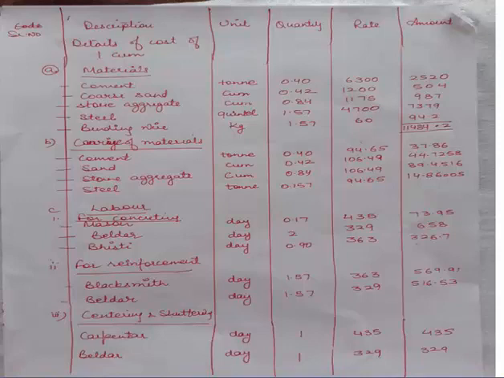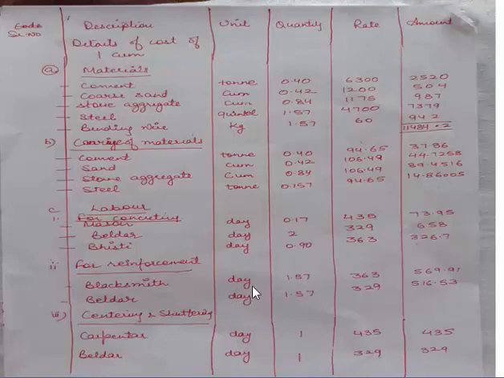Blacksmith is 1.57. So how has this 1.57 blacksmith been calculated? You can see this: for 1 quintal of the steel, the blacksmith required per day will be 1. And as we have the steel of 1.57 quintal, the blacksmith required will be 1.57.